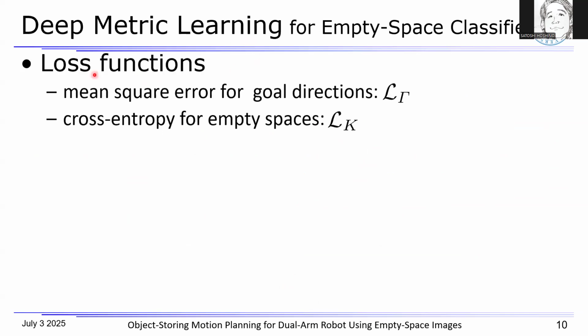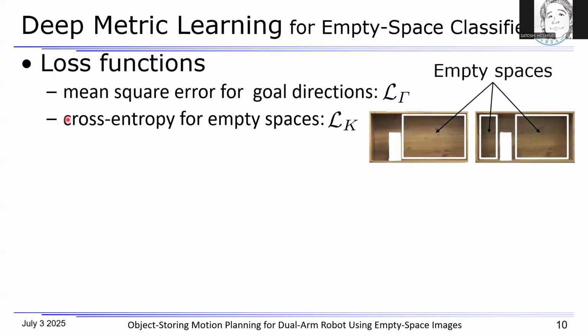In supervised learning, loss functions are calculated using mean square error for goal directions and cross entropy for empty spaces. However, as you can see here in these pictures, sometimes visually similar images have different empty spaces.